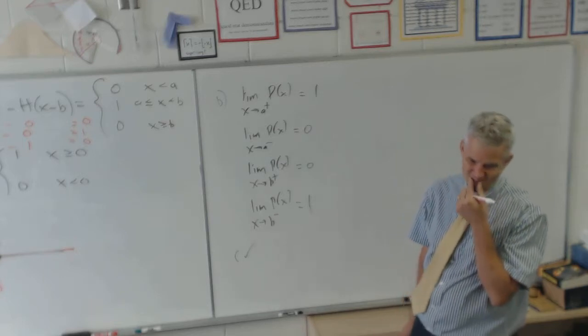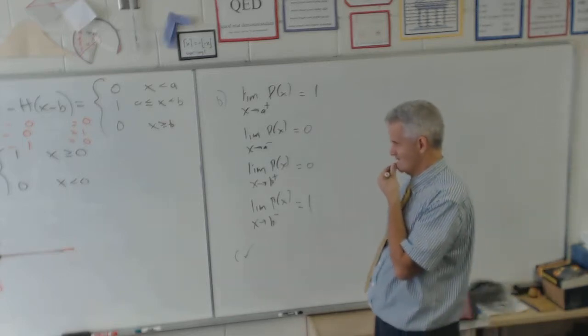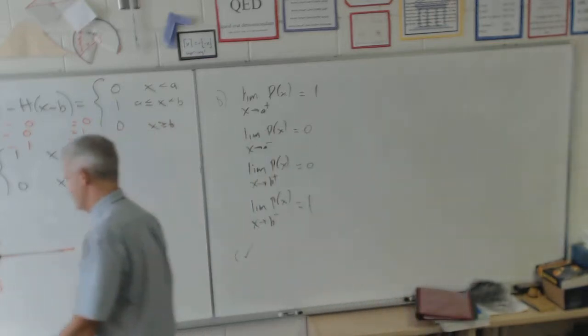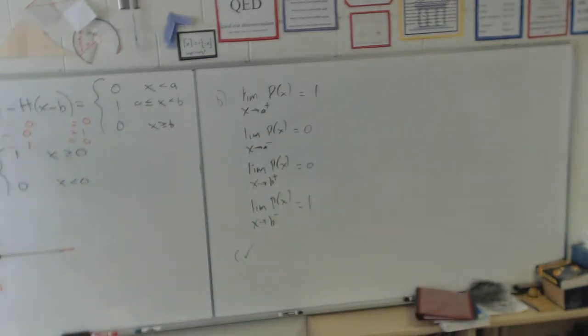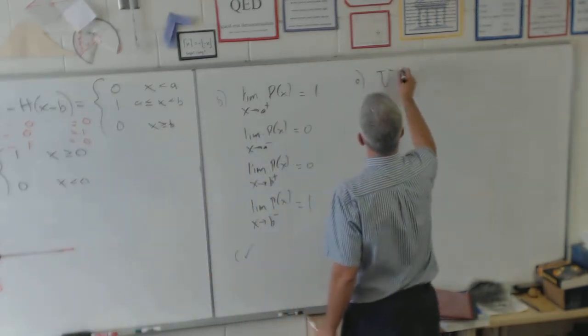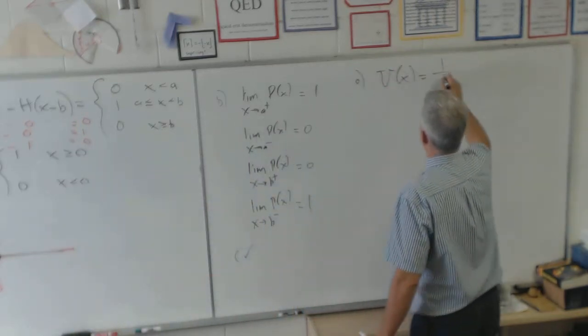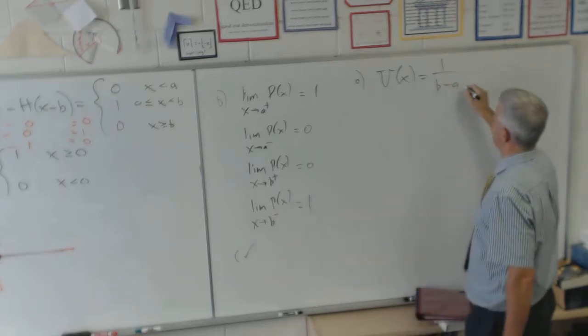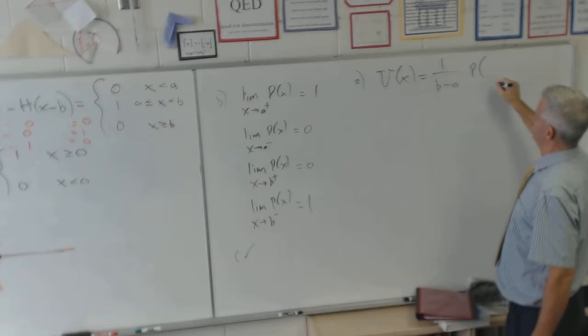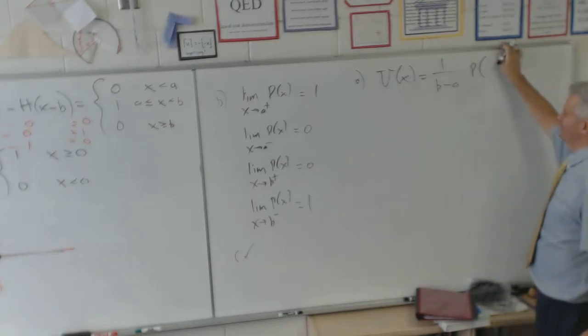Yeah. Let u of x equal 1 over b minus a times p of x, called the unit pulse function. Okay. So we have u of x, which is 1 over b minus a times p of x. Now I didn't do it right.